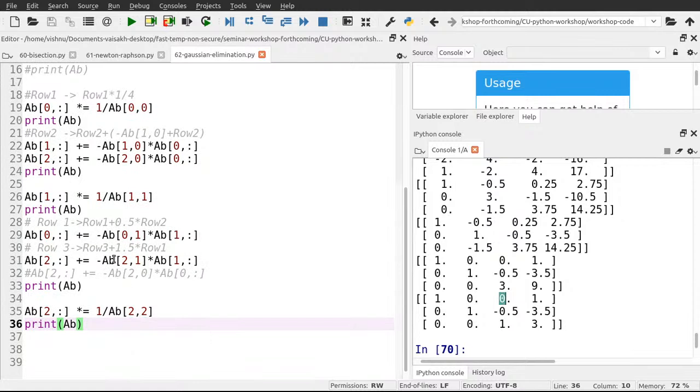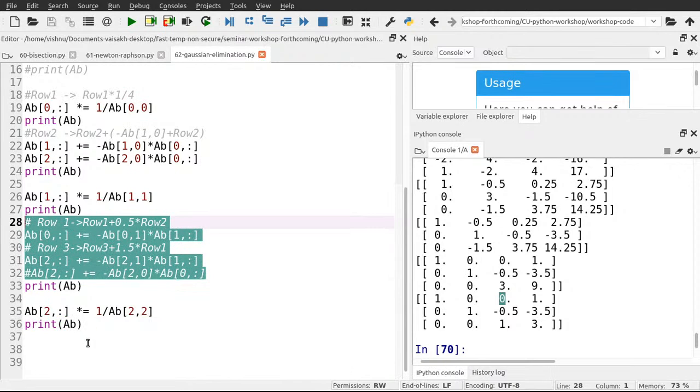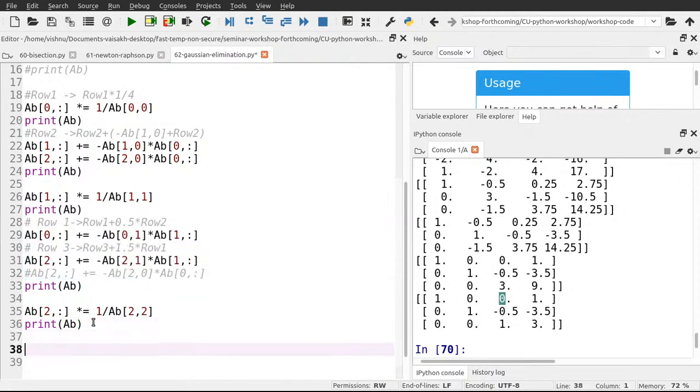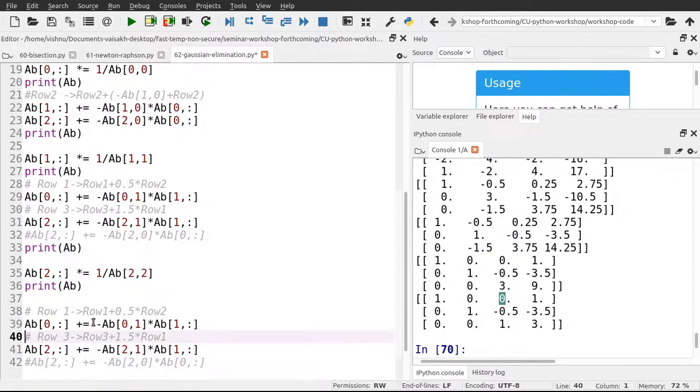So let's do that once again. The same change. So row 1, initially dealing with row 1. So this is not 0 1, but instead of that 0 2 we require. Get the second row. This is first row.